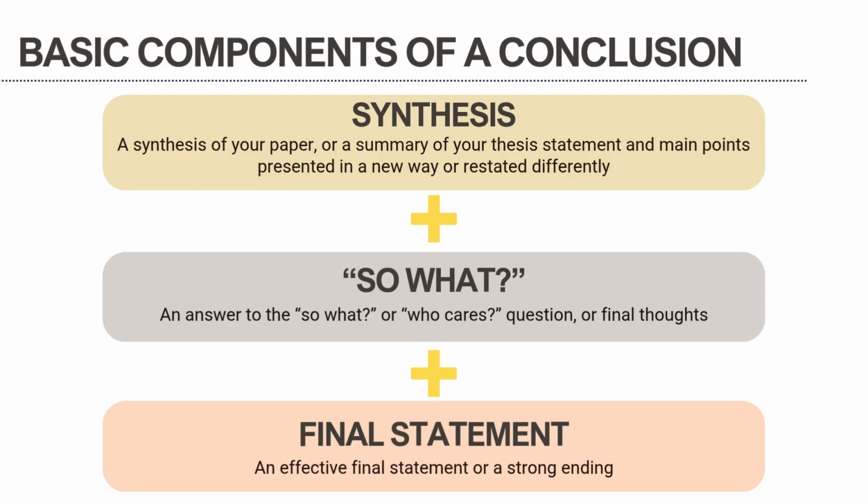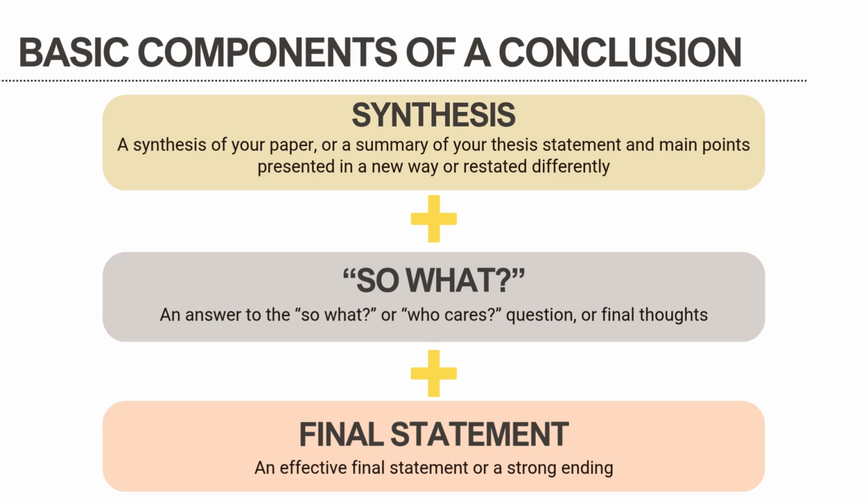So conclusions have three basic components. The first part is the synthesis. This is probably what you think about when you think of conclusions and having a summary of what you've written, right? But instead of a summary, think of it more as a synthesis. So now you're pooling all your main points, all the things you've discussed, together, right? And you're presenting them in a new way or restating them in a different way.